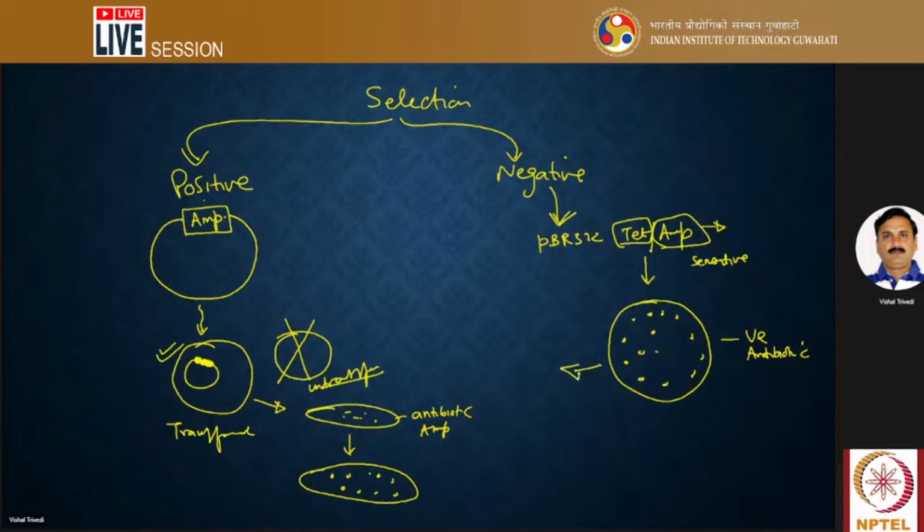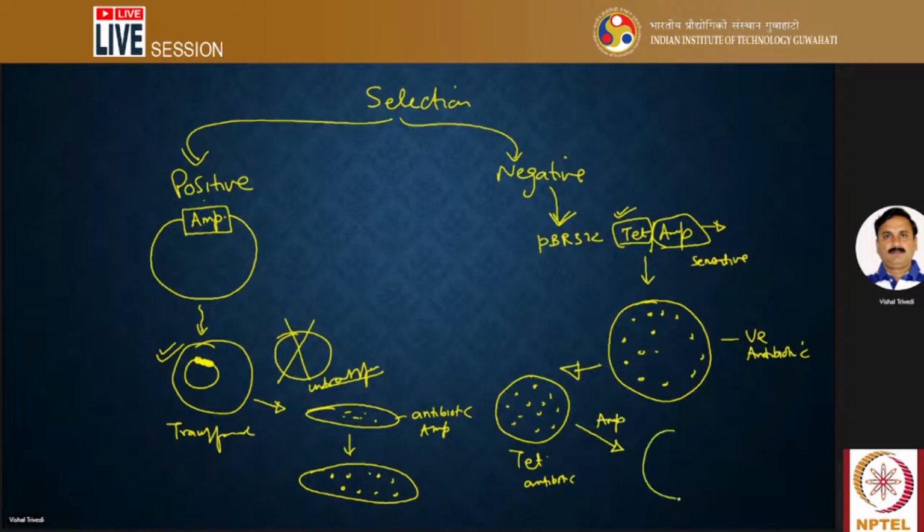Then I'll take the master plate and plate it onto tetracycline antibiotic, and I will see how many cells are going to survive. The cells which survive are those which have the functional tetracycline gene. So all the ampicillin resistant cells are also going to survive. Now I'll take these cells and plate them onto ampicillin.